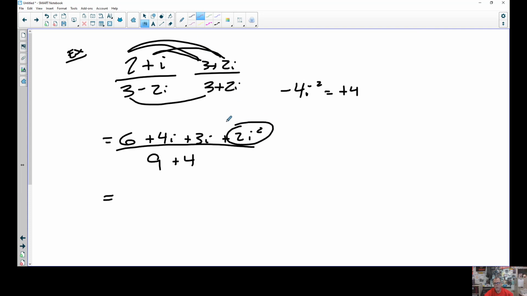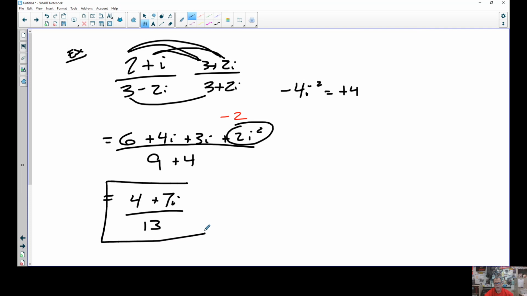It really means negative 2, doesn't it? Because 2 times negative 1 is going to be a negative 2. So what we're going to have is 6 minus 2, that's 4. And then we got 4i plus 3i, that's 7i, all over 13. And we are good.